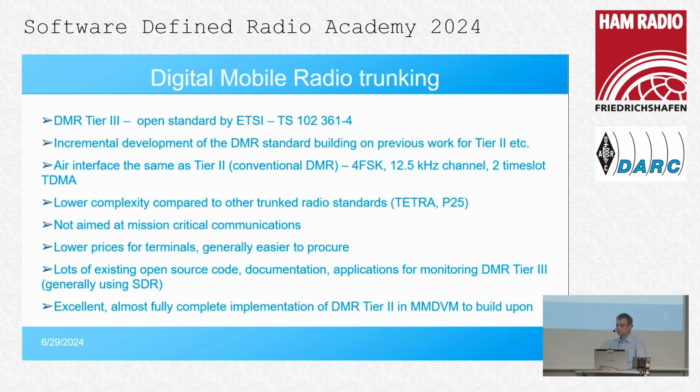Of course, there is lots of existing open source code and some documentation, as well as applications for monitoring, recording, and interpretation of the DMR Tier III transmissions, generally using software-defined radio receivers. Of course, for this work, we'll use the excellent open source implementation of DMR Tier II in the MMDVM application.